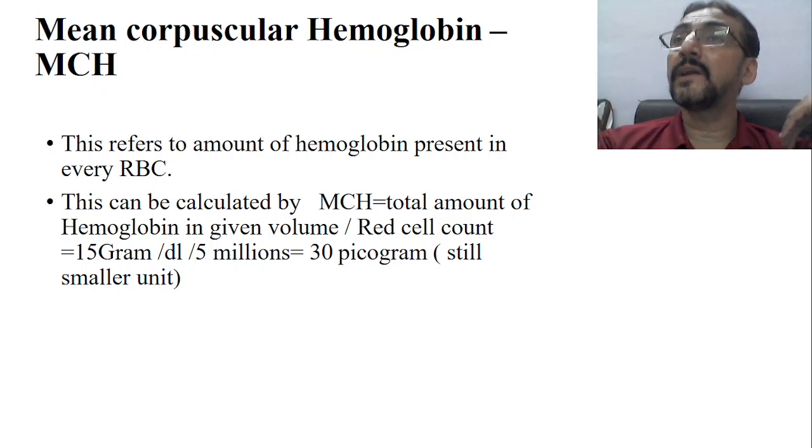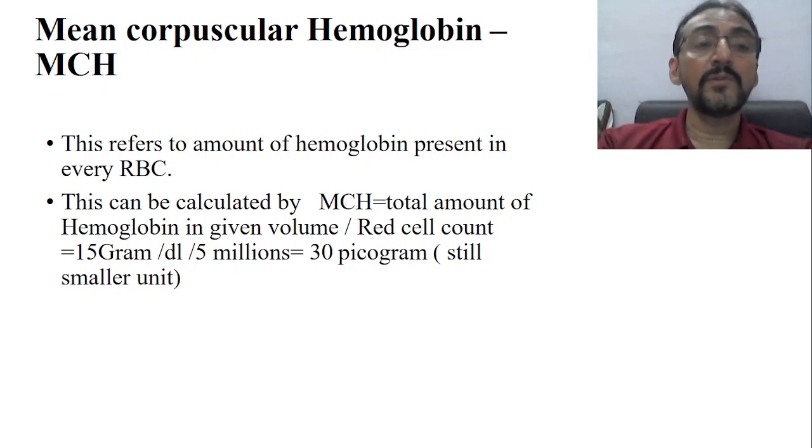So 15 grams divided by total number of RBC present. Total number of RBC in a normal person is 5 million. So this gives about 30 picograms.